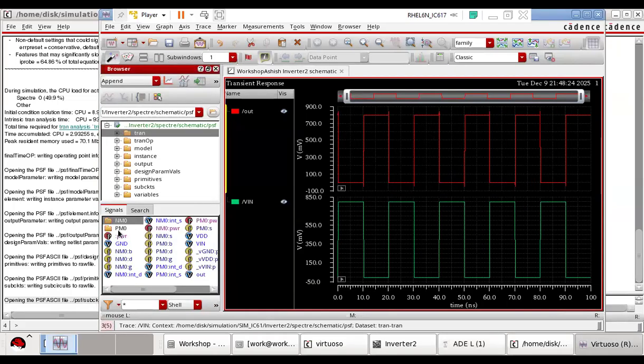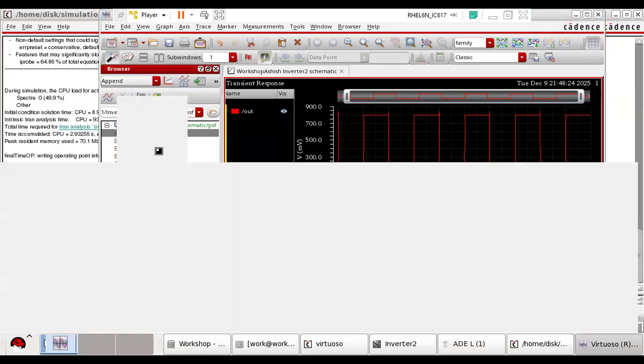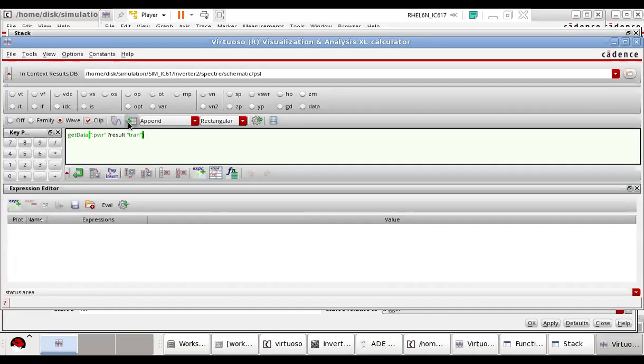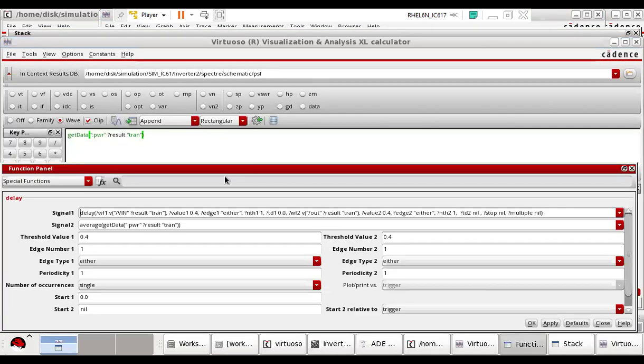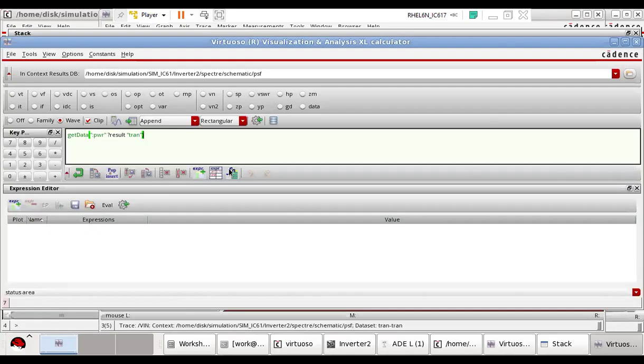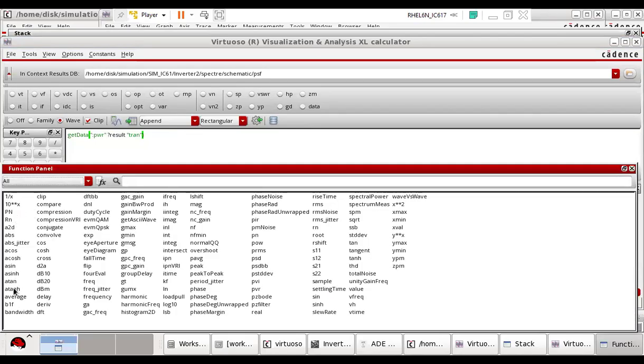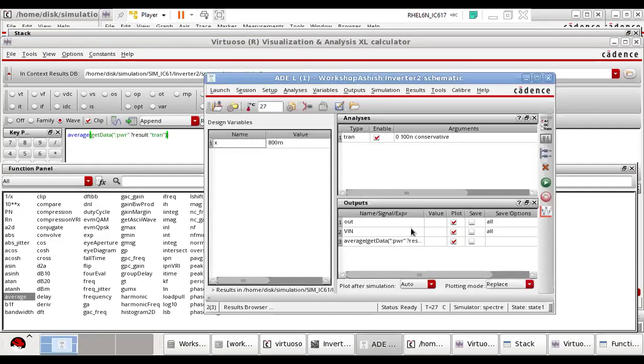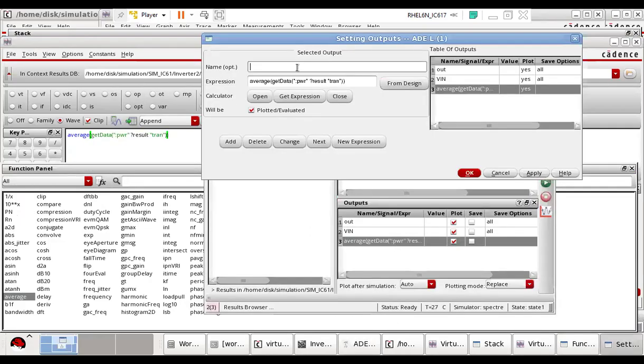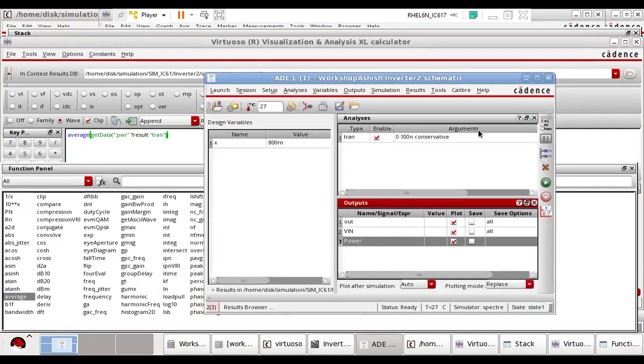Go to result browser, transient, calculator. I hope you all have done the practice and you know this process. That is why I'm doing it at a brisk pace. The average value, and that's how we put it on ADL. And I'll write it here. Power. Okay. Now I'll see the delay.